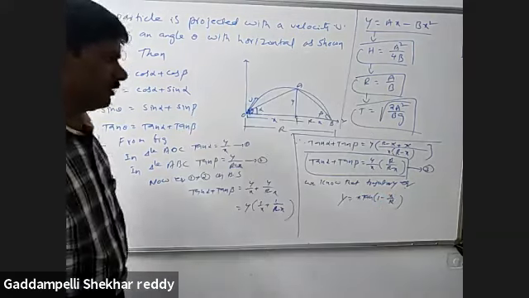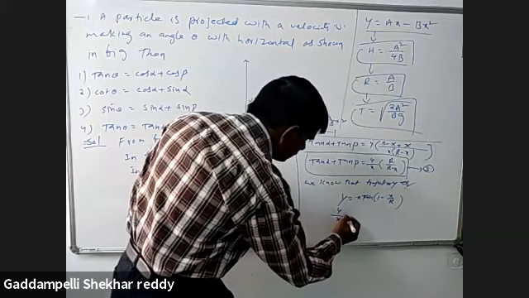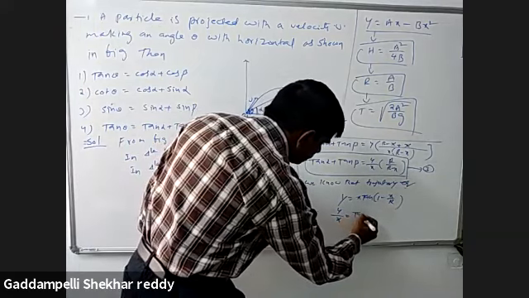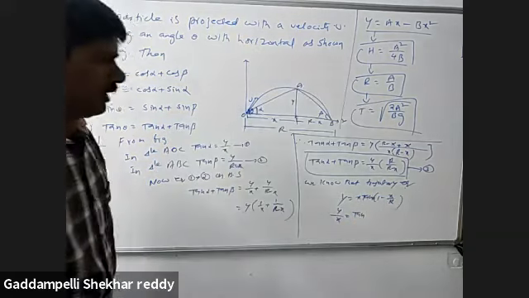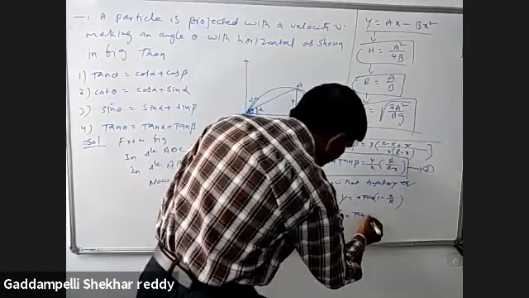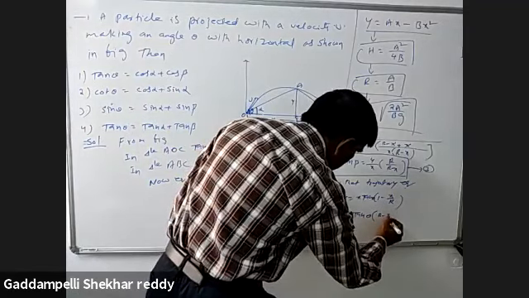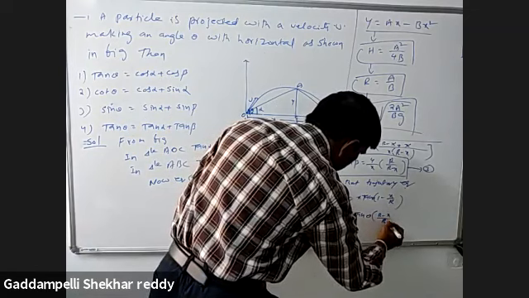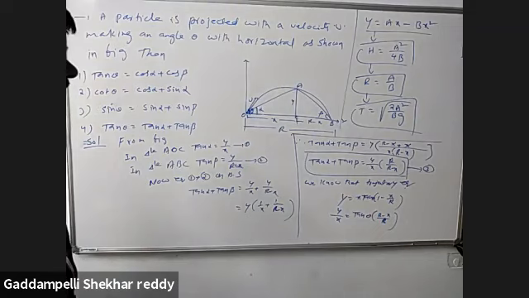So x transfers here, that means y by x, tan theta. y by x tan theta, LCM r minus x by r.